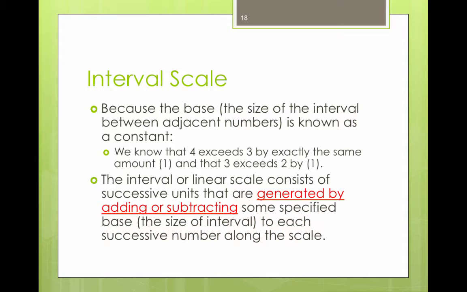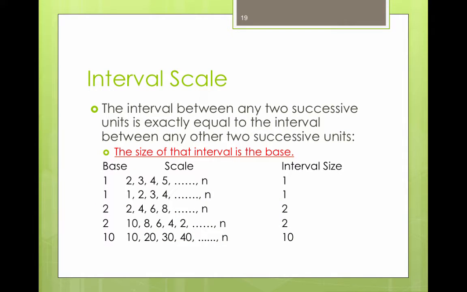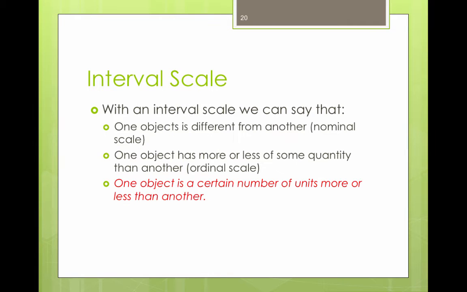Because we know the base is a constant, we know that 4 exceeds 3 by 1, and so on, so that we can actually add and subtract and do a lot of powerful things with an interval scale of measurement. With an interval scale of measurement, we can say that one object is different from another, that one object is more or less than another, and, for certain, the number of units more or less than one is from the other.